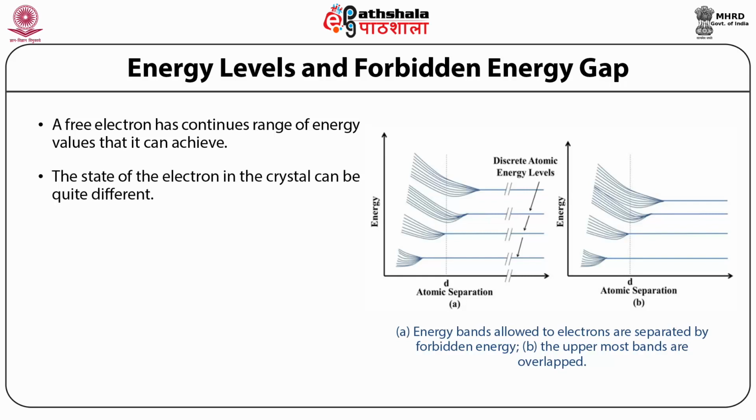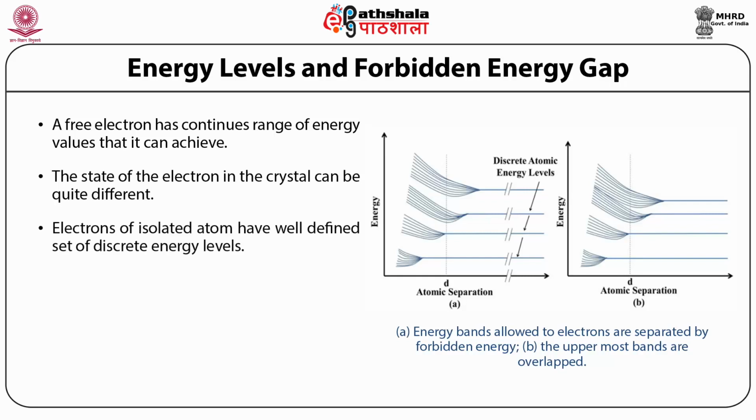It can be quite different. Electrons of isolated atoms have a well-defined set of discrete energy levels. These discrete energy levels spread out into energy bands when several atoms are brought closer together.